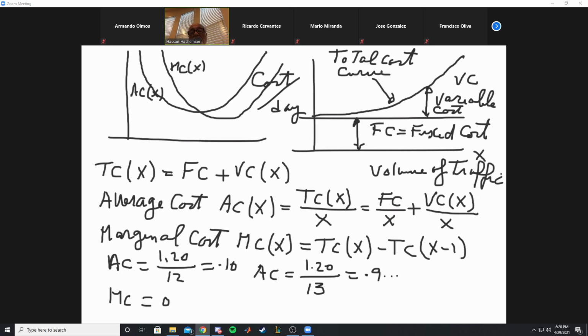So when your marginal cost gets to be less than your average cost, it pulls the average cost lower. So marginal cost is coming down and pushing the average cost down. But when it starts going up, the average cost goes up.